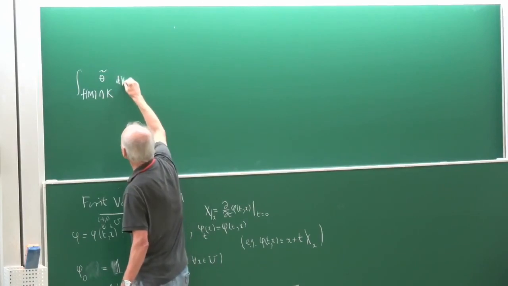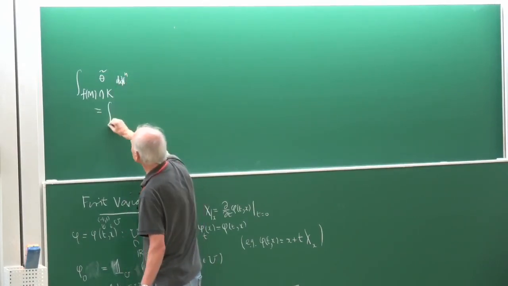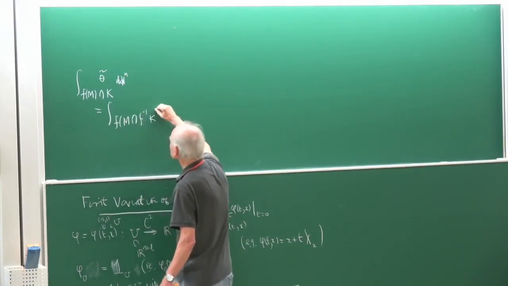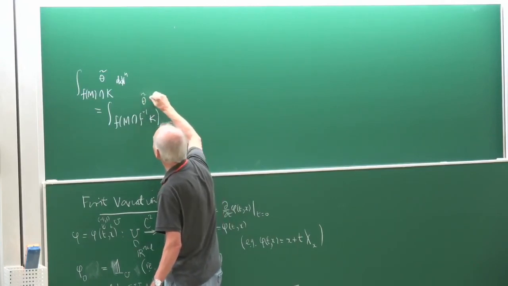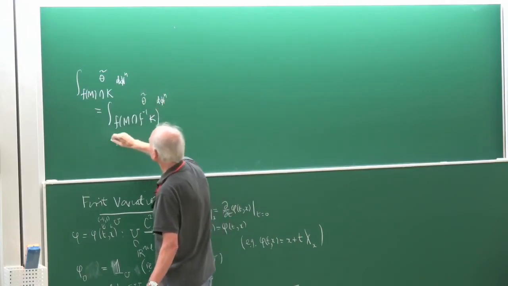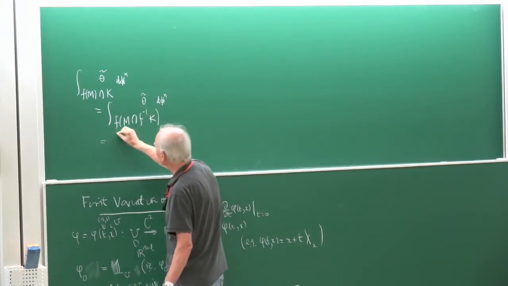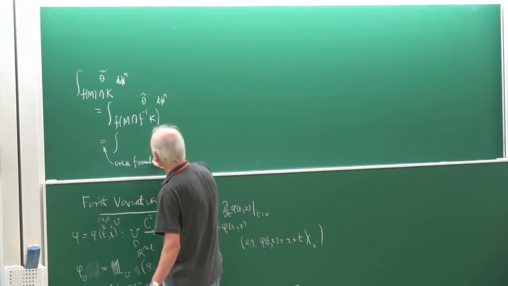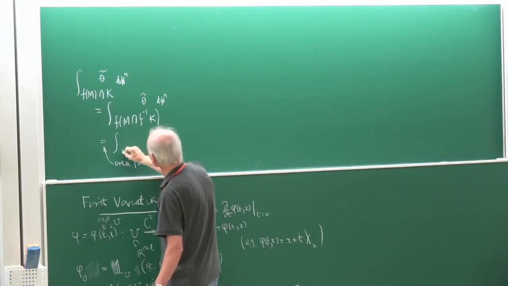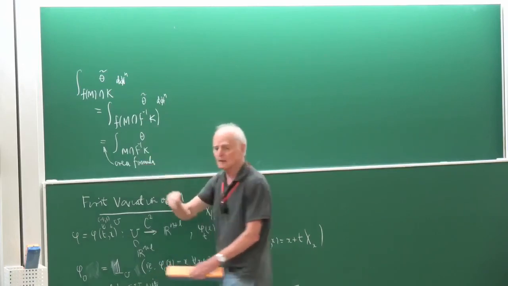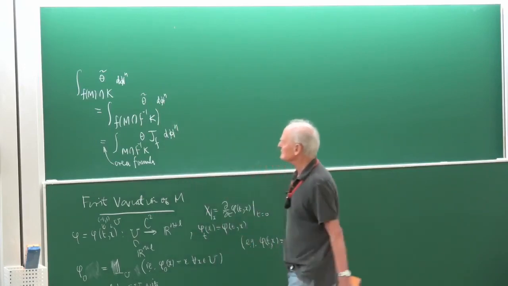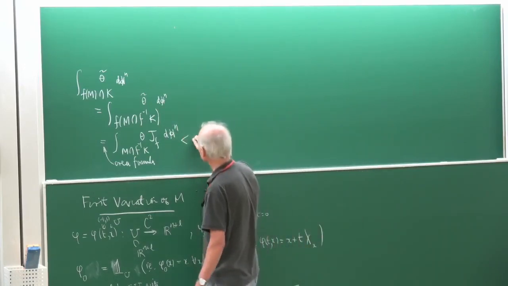We've got to check that makes sense, that it's finite. As before, that's the same as the integral over fM intersect f to the minus 1 K of theta tilde dHn, and that's exactly the thing that appears in the area formula. By the general area formula, this is exactly the same as the integral over M intersect f to the minus 1 K of the original theta times the Jacobian of f, dHn. And that is indeed finite as long as f is proper.